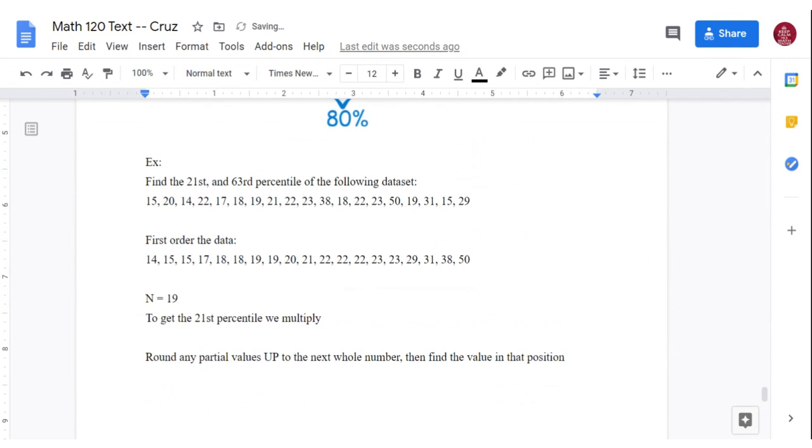That's like a cardinal number from the first chapter. All right. So to get the 21st percentile, we multiply 19 times 0.21, which is just the decimal equivalent of 21%, because we need to have percentages in decimal form in order to do any math, at least.